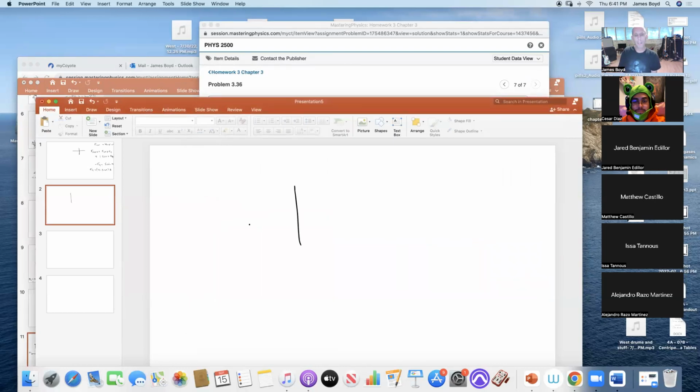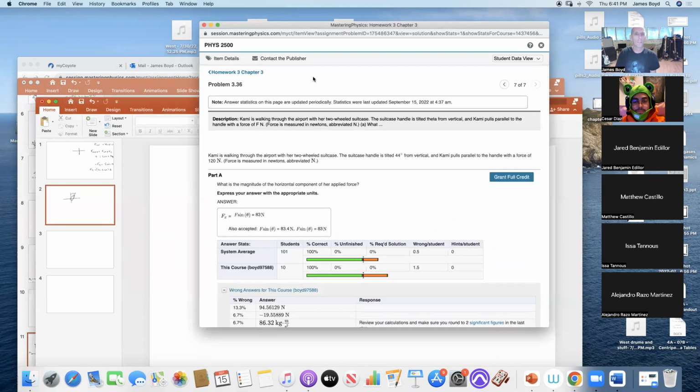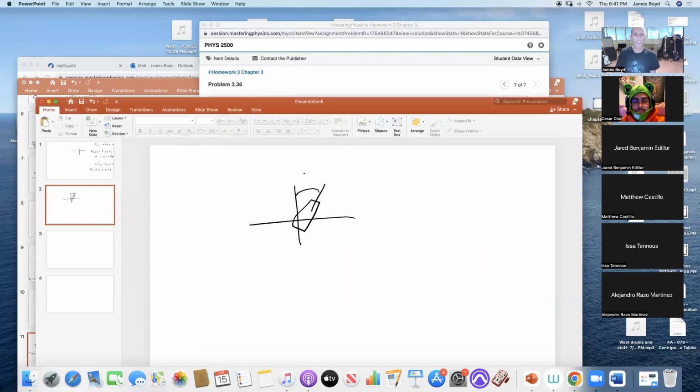So if you imagine you've got this suitcase and you're pulling it at 44 degrees with a 120 newton force, we want to find the X component of this force, and the Y component. This angle is 90 minus 44, or 46 degrees.